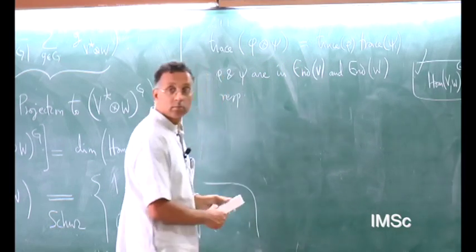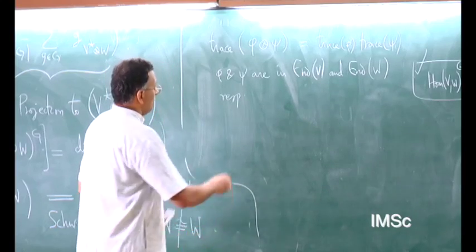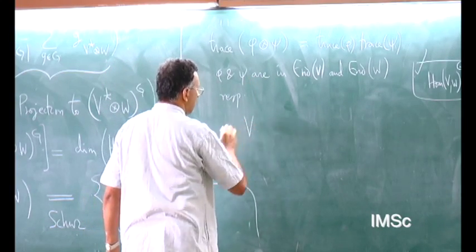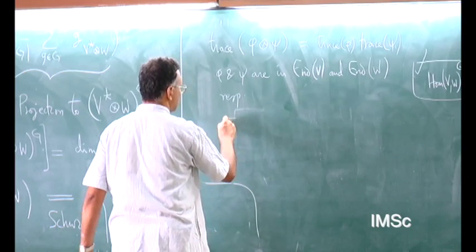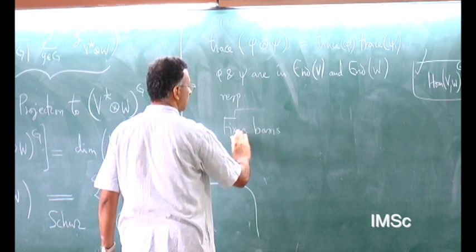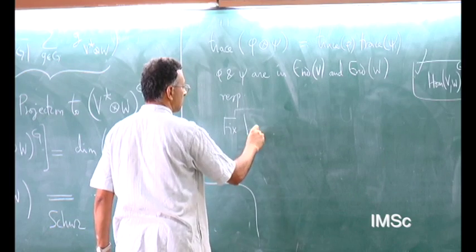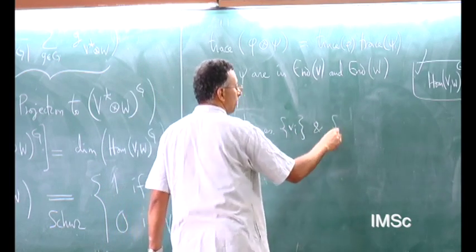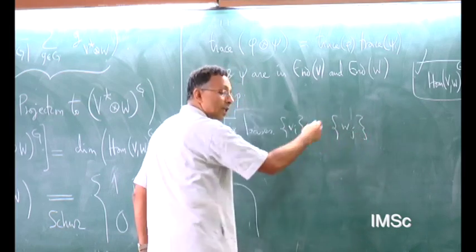Okay? This is a triviality, as follows. You can do this by fixing a basis v_i and w_j for V and W respectively.